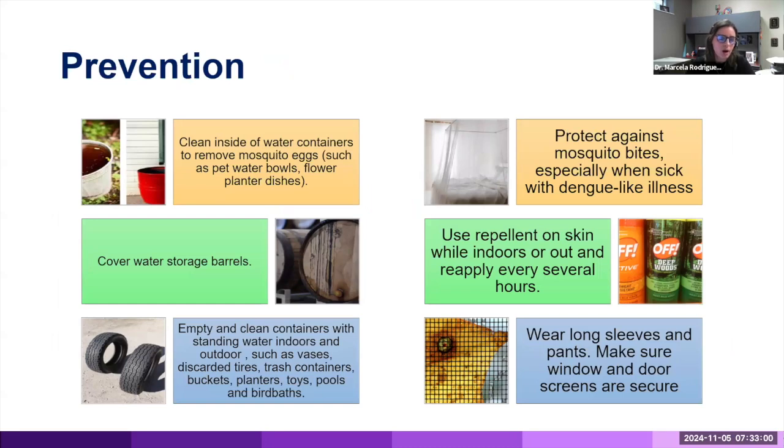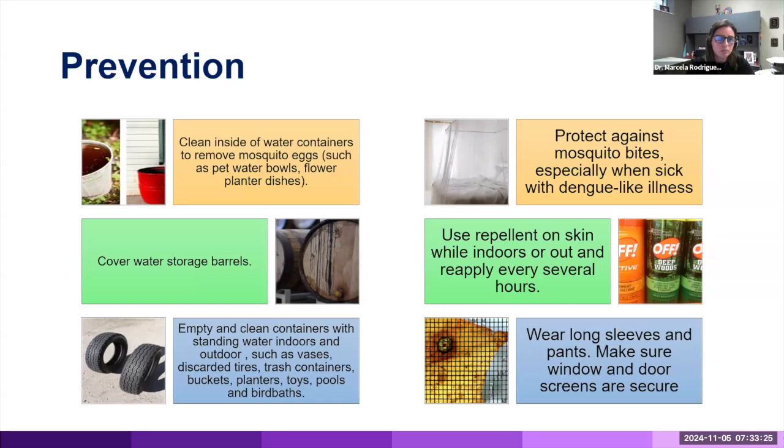So we have to tell them to clean the inside of water containers to remove mosquito eggs, such as pet water bowls and planter dishes. Cover all water storage barrels to avoid mosquito breeding there.